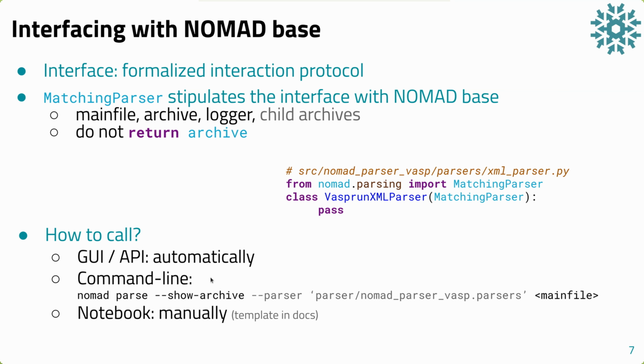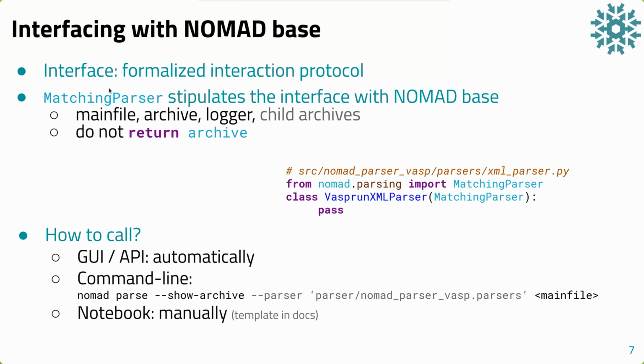In some cases, it might be nice to just deploy your own Jupyter Notebook and do the parsing on the fly, just to try out a little bit with some initial file formats, not for the big kind of data analysis. For that, we provide a template in the documentation. But the most important point here is that both of these previous cases were covered by the Nomad base, but now the onus is on you.